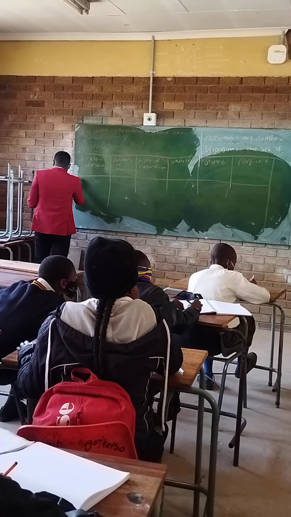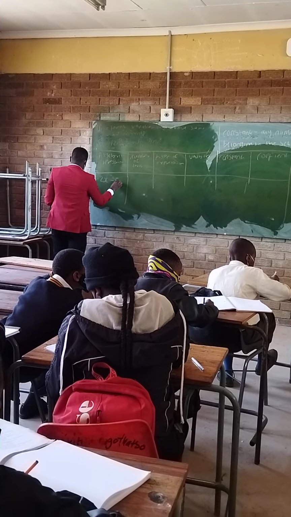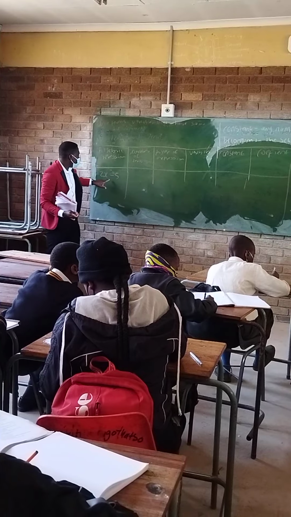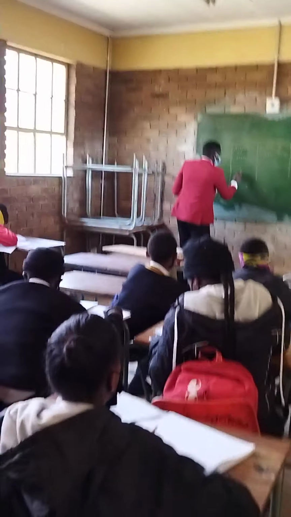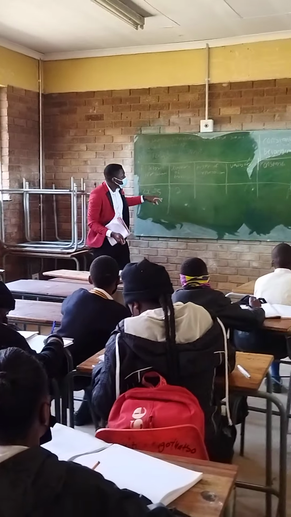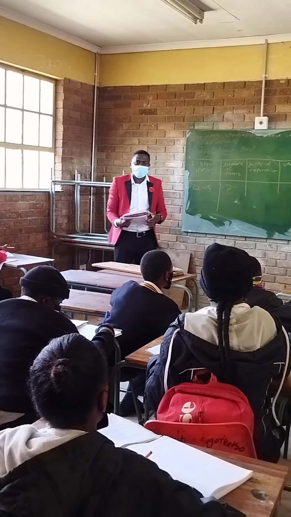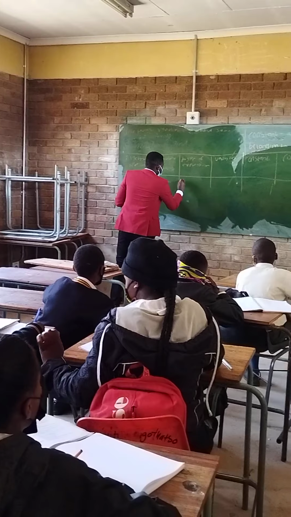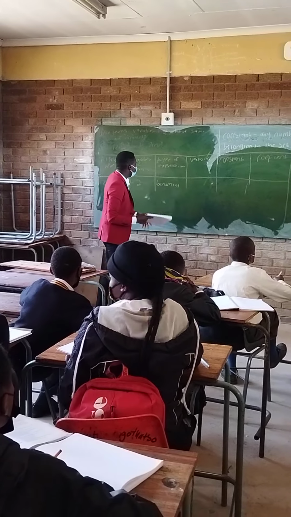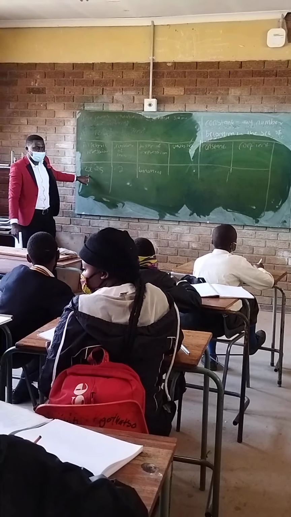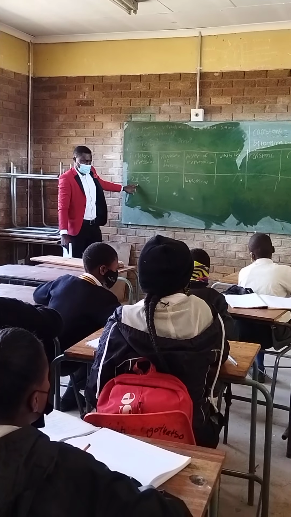Okay, let's write. We have 2x minus 5. How many number of terms do we have here? 2. This one is what type of expression? Binomial, trinomial, monomial? Very good. That is binomial. Then what is the variable here? x.